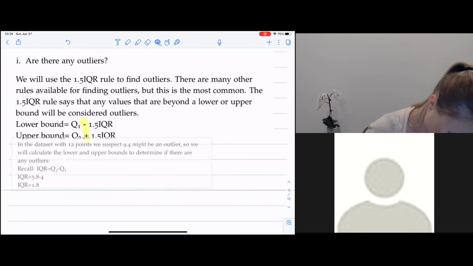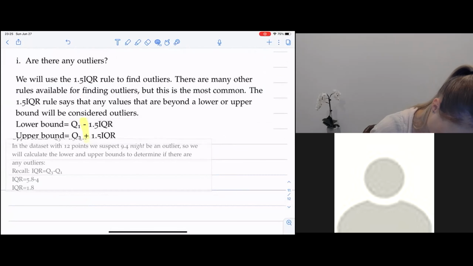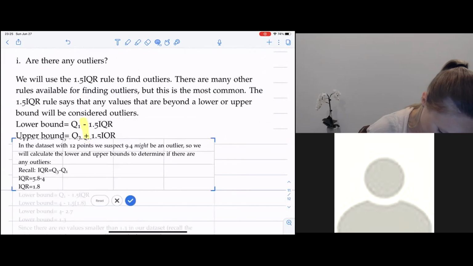I tried to make it smaller, but I don't think it's gonna work. So I'm just gonna crop it.